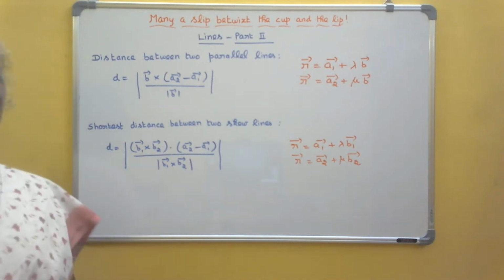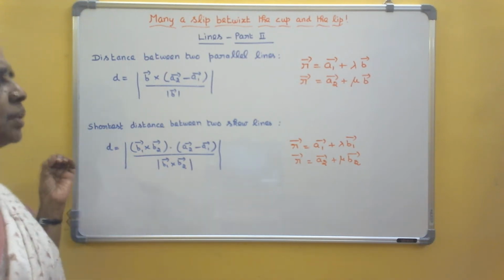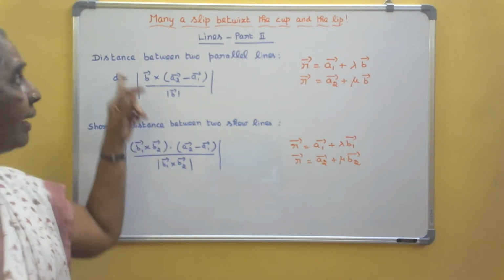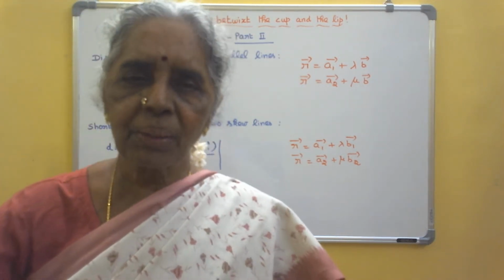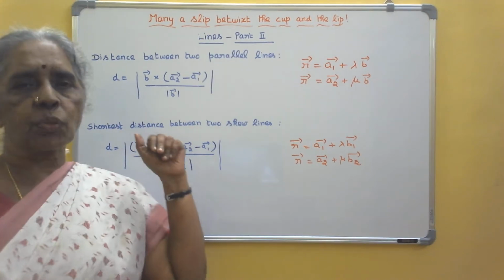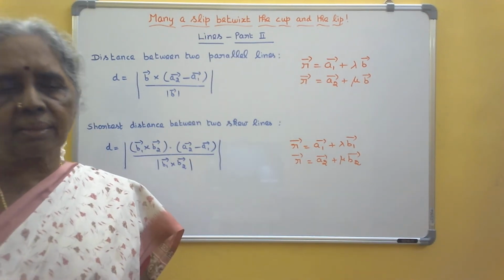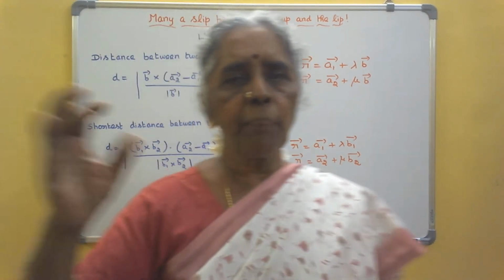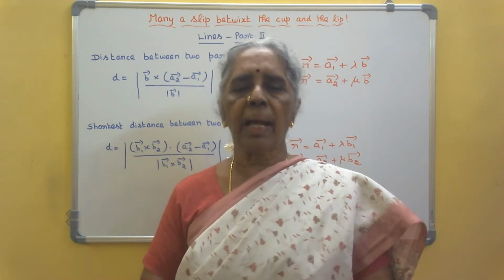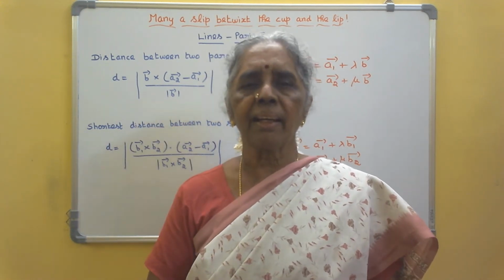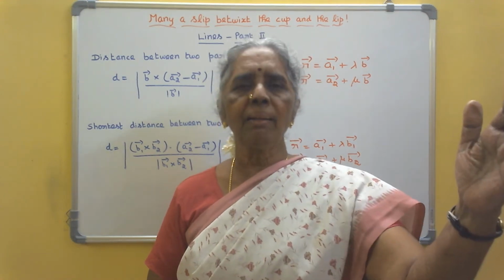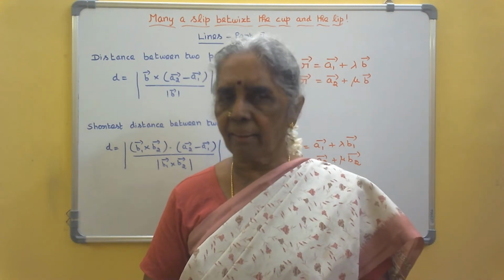Now, look at the next one. Shortest distance between two skew lines. There I didn't say shortest distance because the distance is going to be the same everywhere. Here, let me first explain what skew lines are. If you consider one plane like a board or a notebook, if two lines are there, they will be either parallel or intersecting, right?